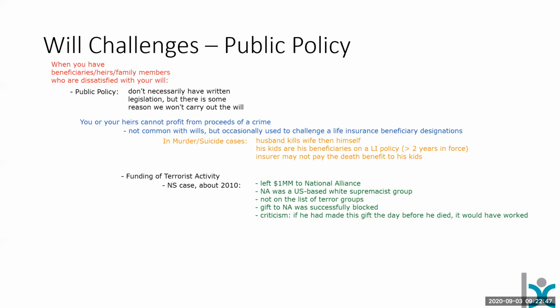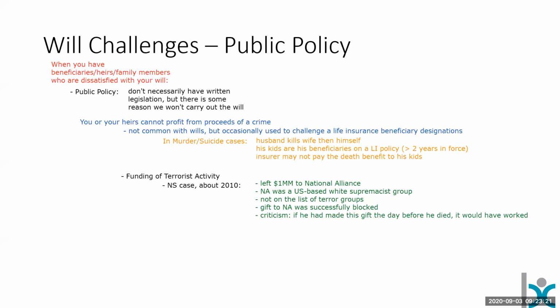That public policy provision means that we don't actually have to put that in the contract wording, that the insurer can rely on this sort of ancient public policy concept where people cannot benefit from the proceeds of a crime they have committed. Okay. All right. So yeah, that's why I say it's not necessarily written legislation, or in the case you're asking about, it's not necessarily in the contract. It does not have to be.